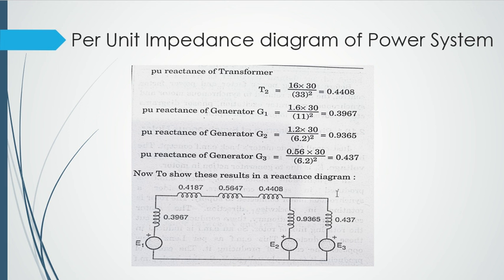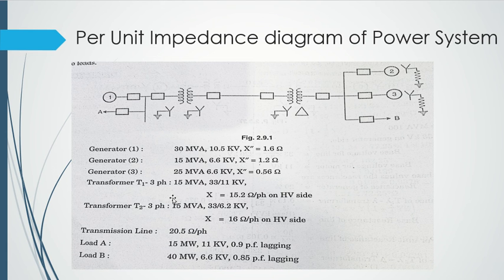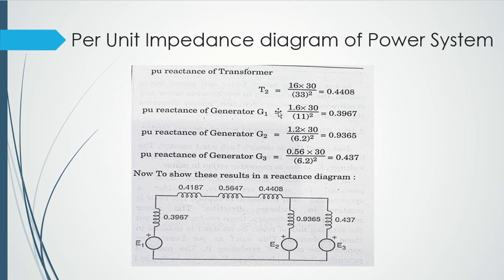Firstly, what is the actual reactance of generator G1? The actual reactance was 1.6 ohm. So for G1 we have 1.6, multiplying it with base MVA, which was 30.